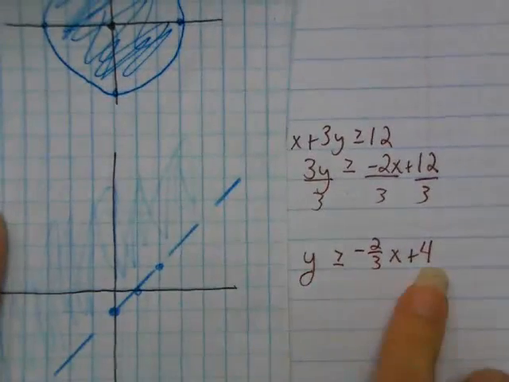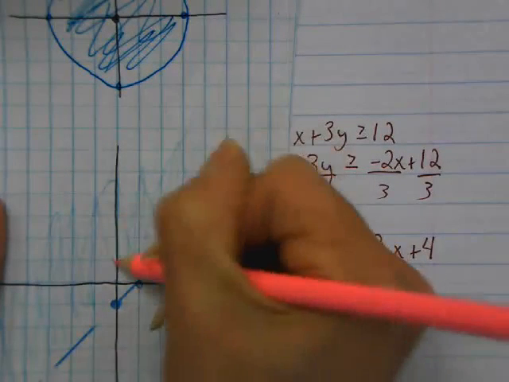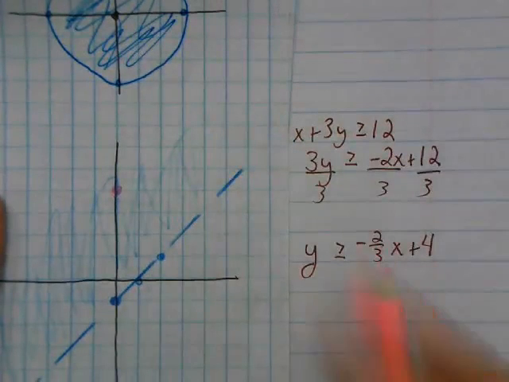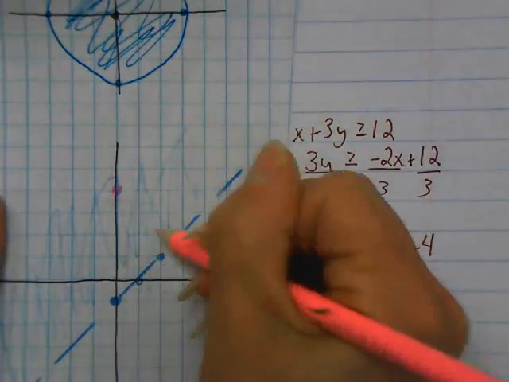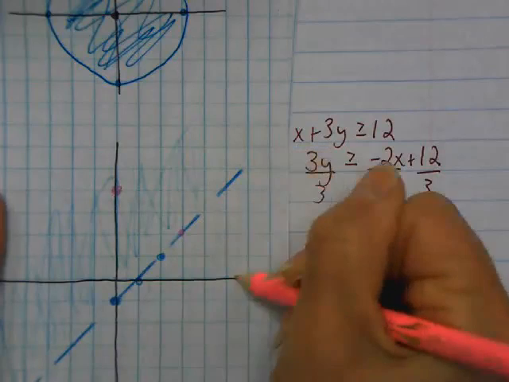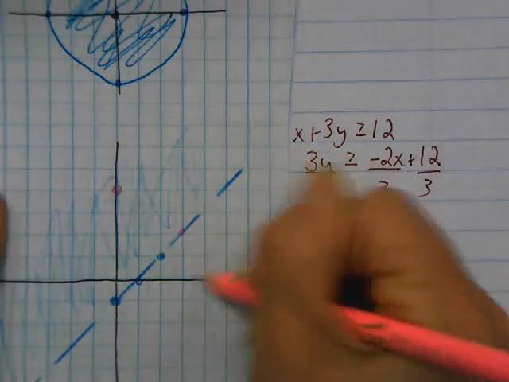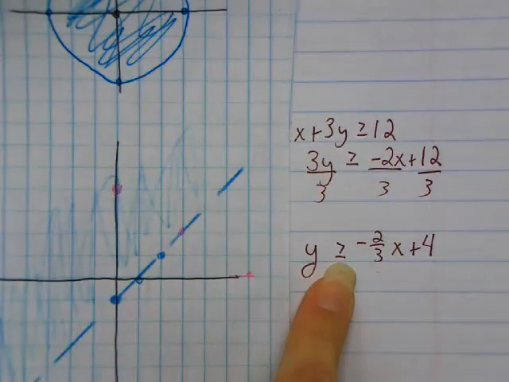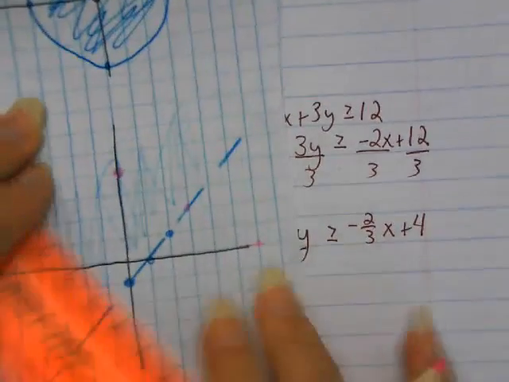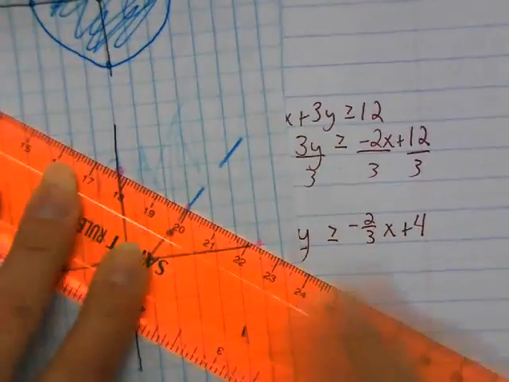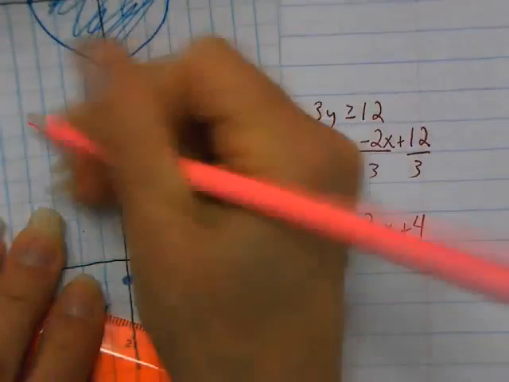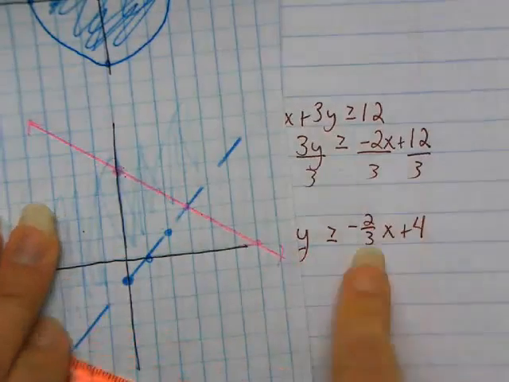So this time I have a y-intercept of 4. I'm going to go down 2 over 3. Okay, again, dotted line or solid line. It's going to be a solid line. And I'm going to shade greater than, so I'm shading above.